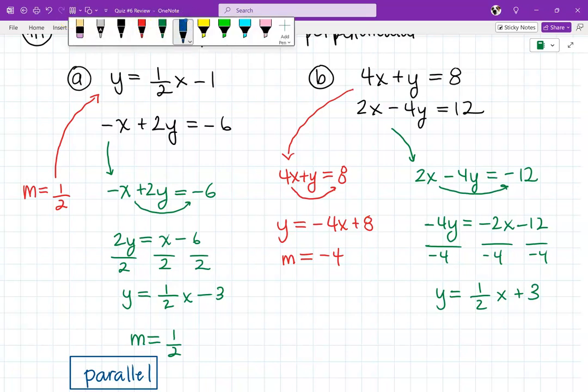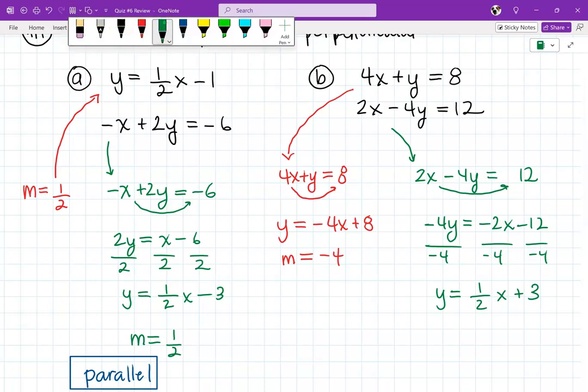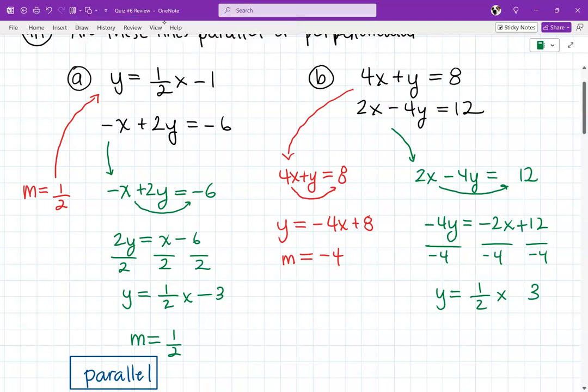Okay? Oh, thank you. Positive. So it's not actually going to change the problem, thankfully, in a sense where it's still not parallel or perpendicular, but the y-intercept does come out a little different from that. So thank you for that. Mark that down really quick.